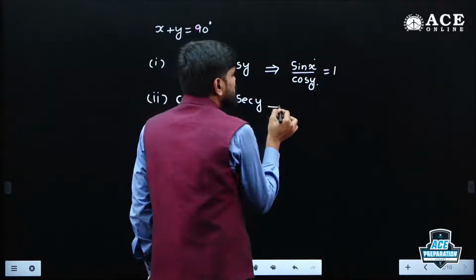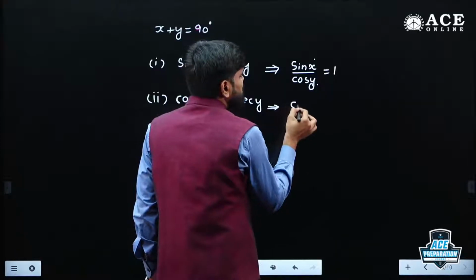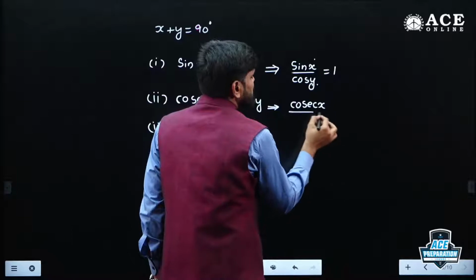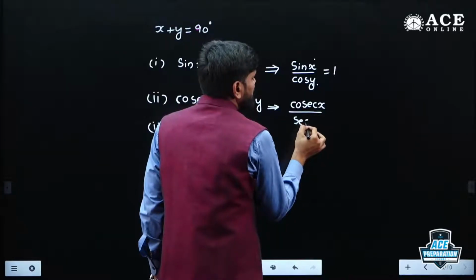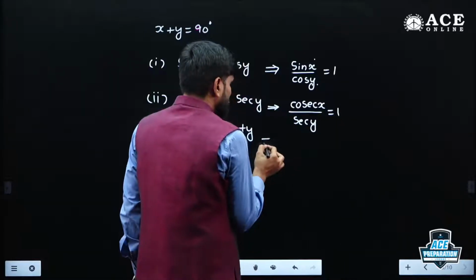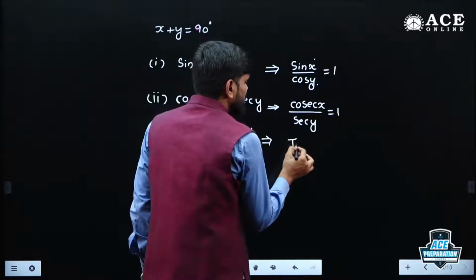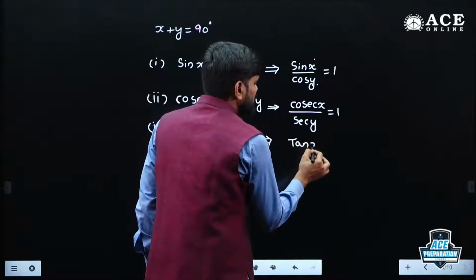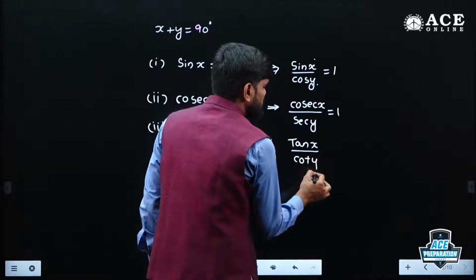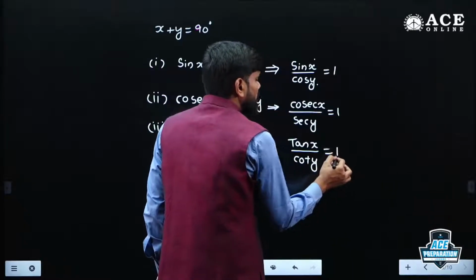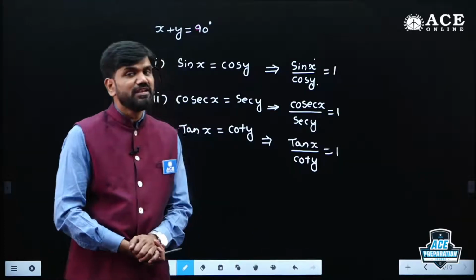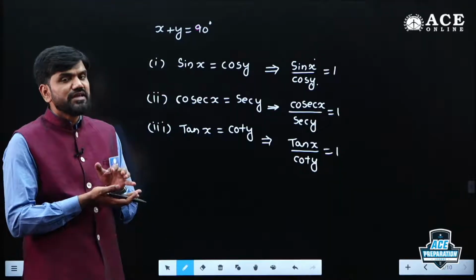Similarly, cosec x by sec y is equal to 1. Similarly, tan x by cot y is equal to 1. These are the results that you need to keep in mind when you are going for the exam.